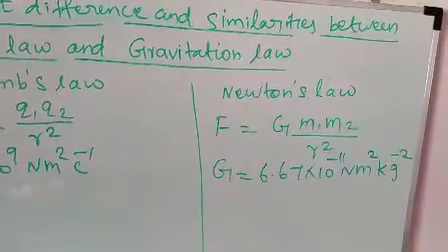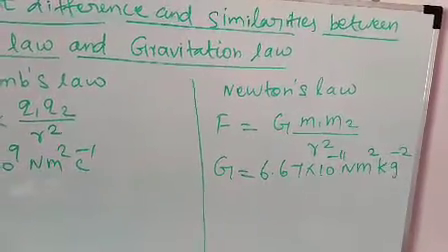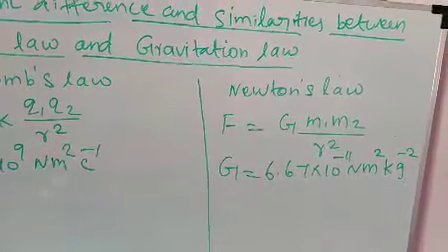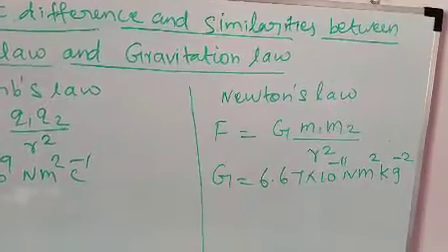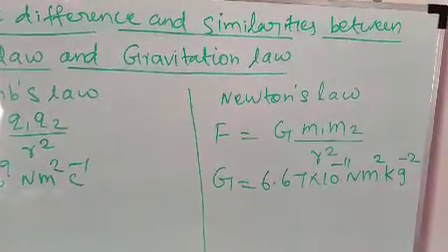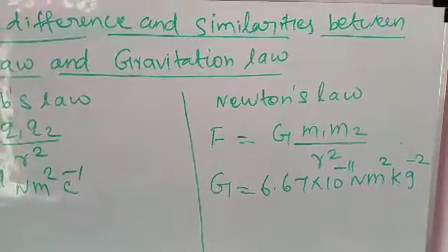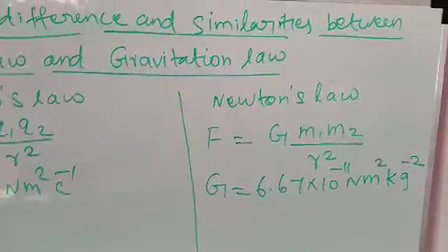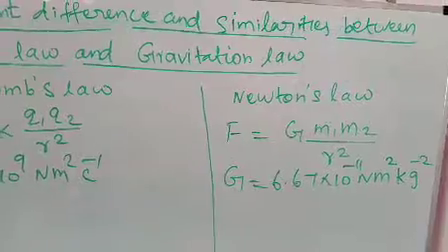Newton's law of gravitation states that force is directly proportional to the product of their masses and inversely proportional to the square of the distance between the two masses. So G is a proportionality constant or gravitational constant. Its value G is equal to 6.67 into 10 to the power of minus 11 Newton meter square kilogram power minus 2.